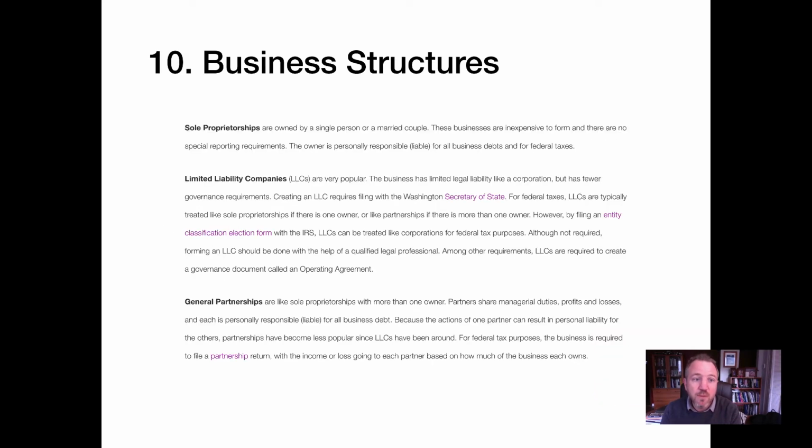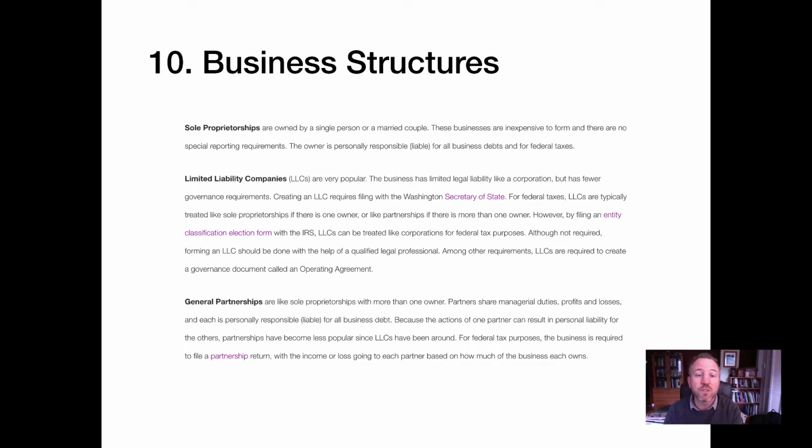For a long time, sole proprietorships were probably the most popular business structure out there, particularly for those of us that are starting a small business where we have an idea and we go into business for ourselves. A sole proprietorship is owned either by a single person or a married couple. These businesses are inexpensive to form, and there are no special reporting requirements.